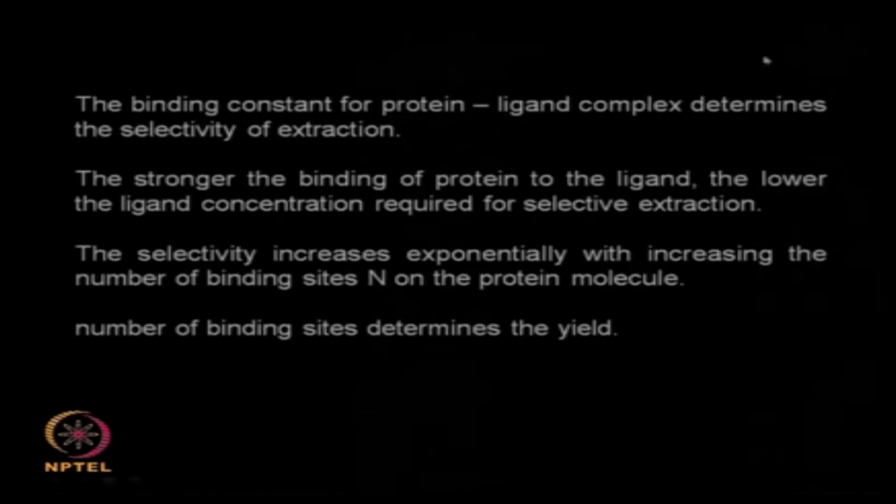And also the selectivity increases exponentially depending upon the number of sites present, because the term n comes as an exponent. And also the number of binding sites determines the yield. So if I have more binding sites, I am going to increase the yield of extraction.